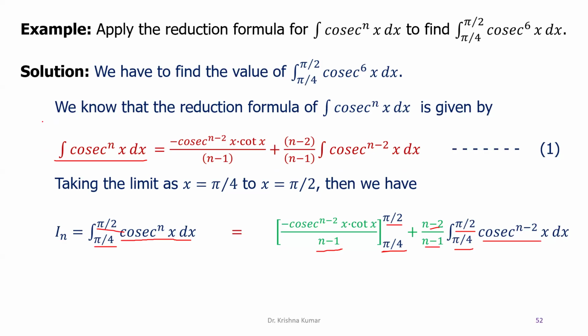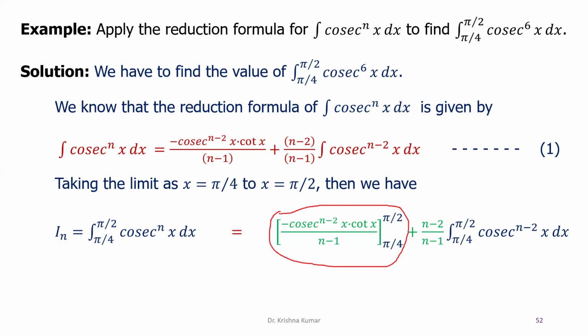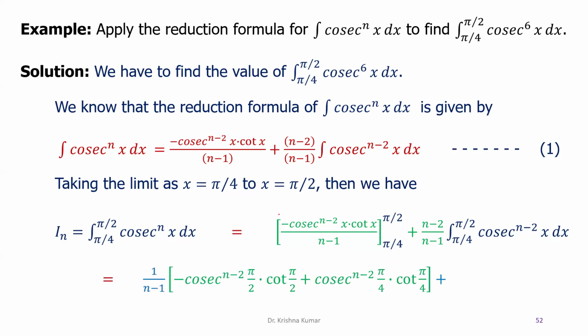Now let us simplify this term. We put the upper limit and lower limit and calculate its value. Let us first take 1 upon n minus 1 outside.